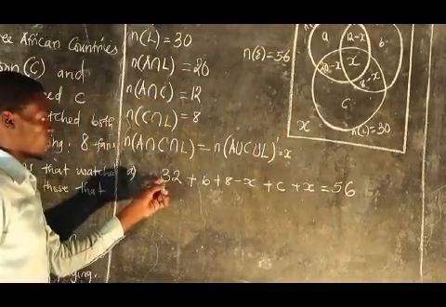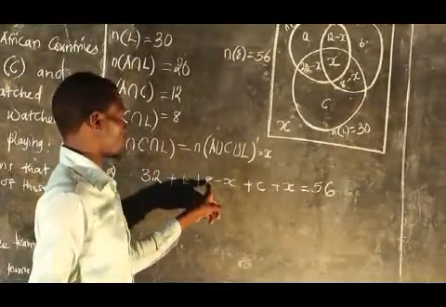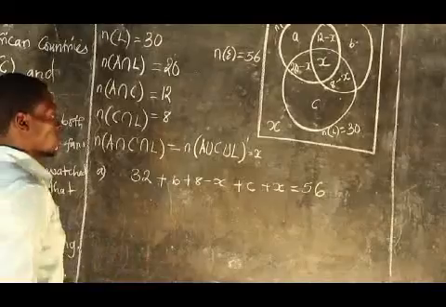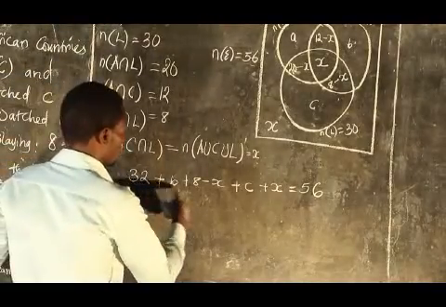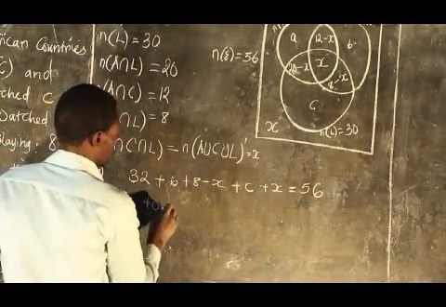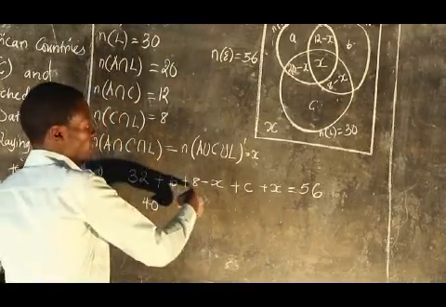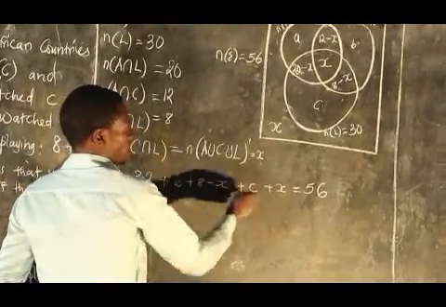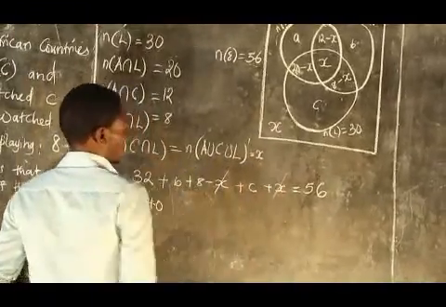From mathematics, we know that this one and these ones are on the same side, so we can add this one plus this one. We get 32 plus 8, which is 40, plus, but this one and this one, this is negative and this is positive, so they cancel out.